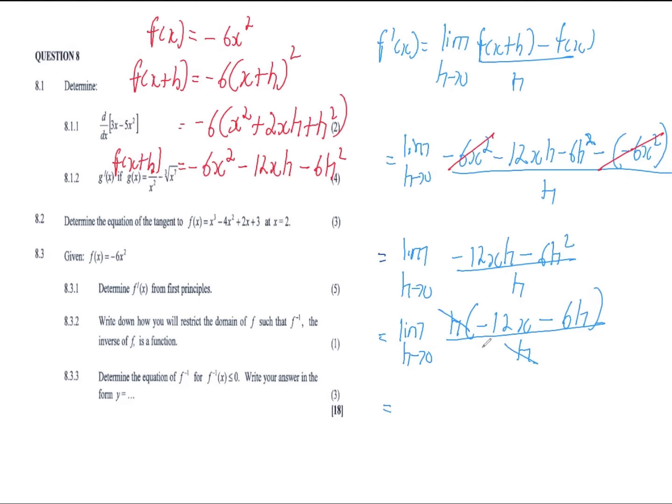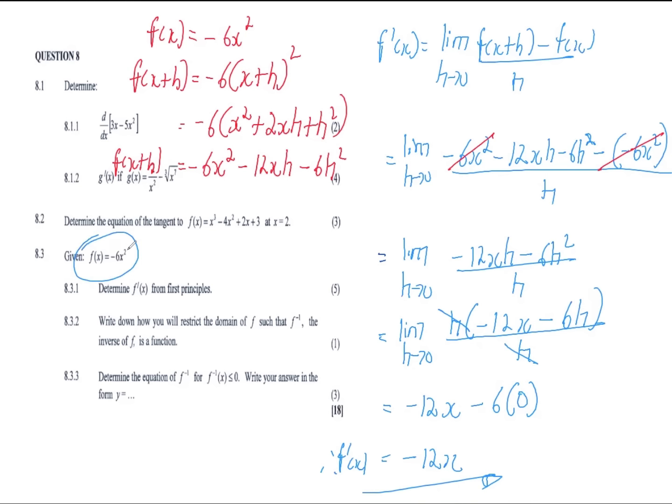So now we have that expression on the numerator, and now I can drop writing this because where there's h, I'm now going to put 0. So -12x minus 6, and then h has now approached 0, so I'm going to put 0 there. And then therefore my f prime x will be equal to what? -12x.